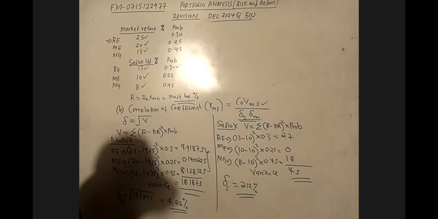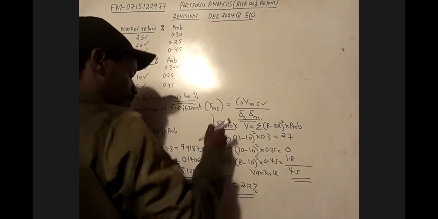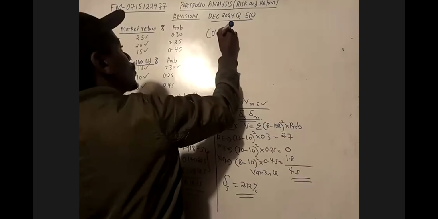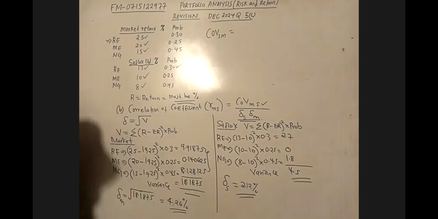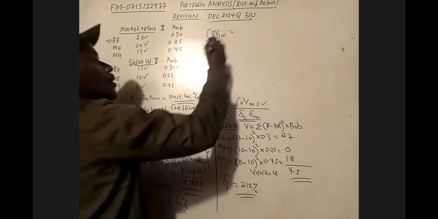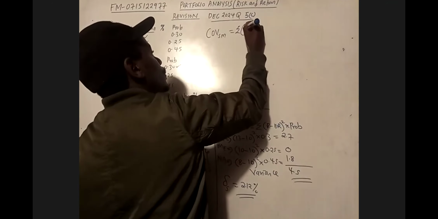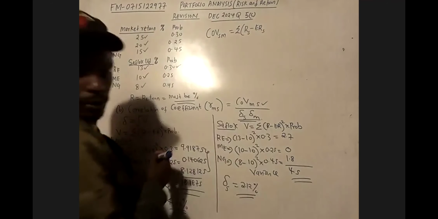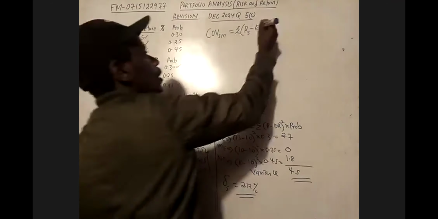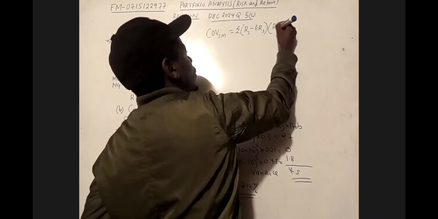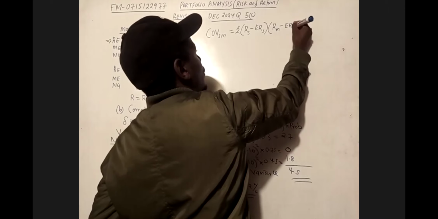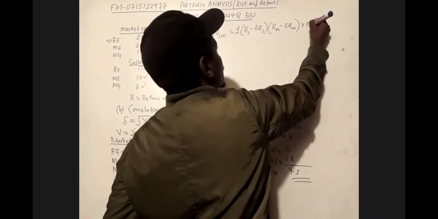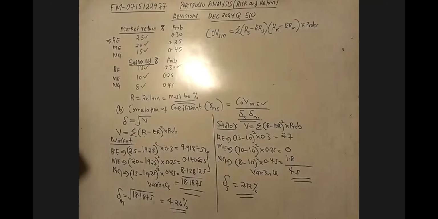The covariance of M and S, depending on what you want, is equal to the summation of the return of S minus the expected return of S, where S means subflux, times the return of the market minus the expected return of the market, times the probability. That is the formula for covariance.